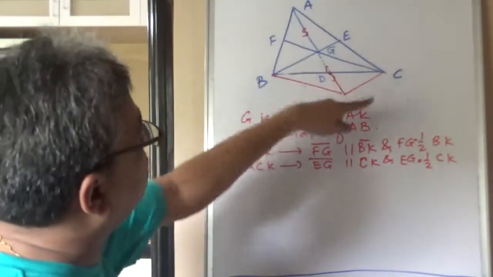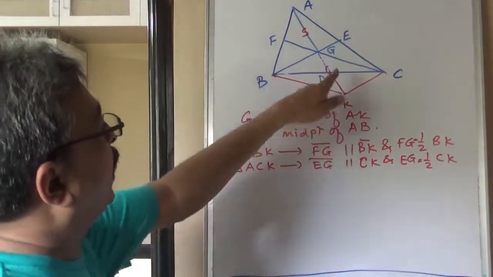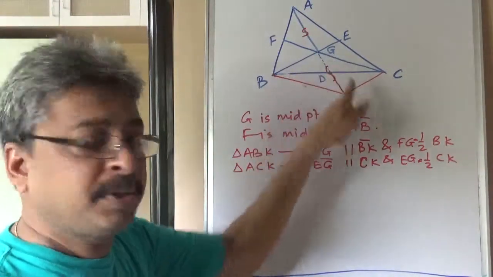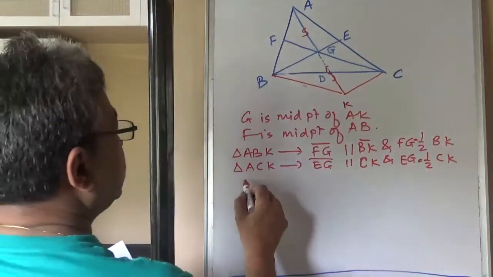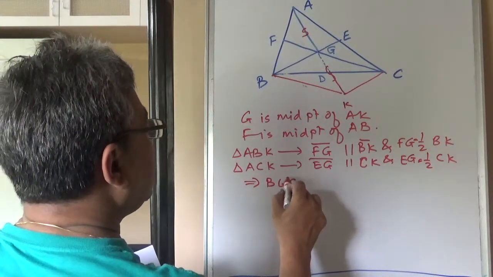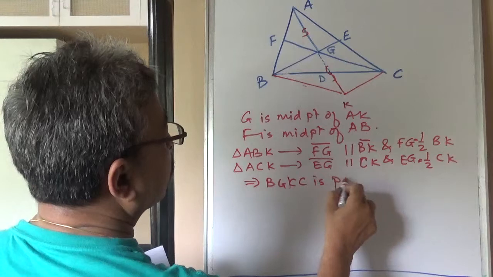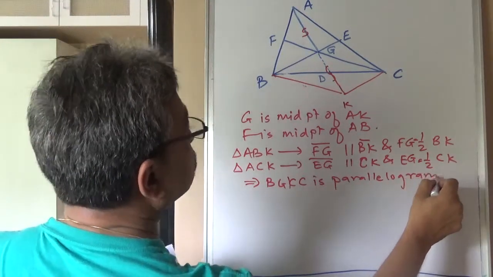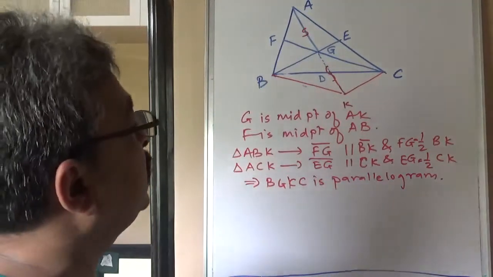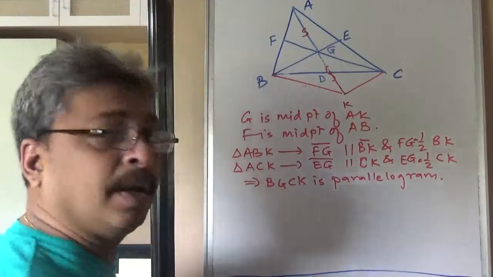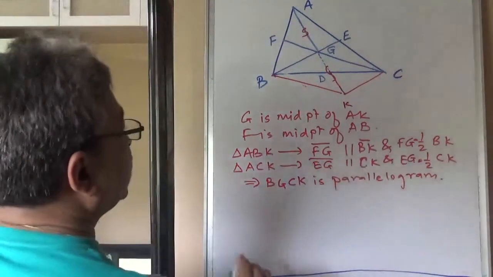However, now you will notice that FG and GC are one line. So GC is parallel to BK and EG and BG are one line, therefore BG is parallel to CK. This implies BGCK is a parallelogram, and hence diagonals bisect each other.